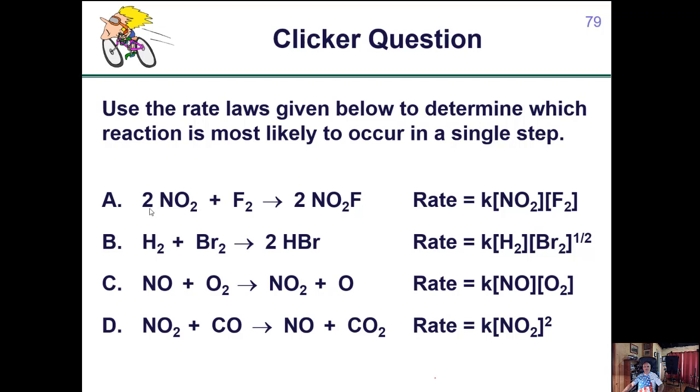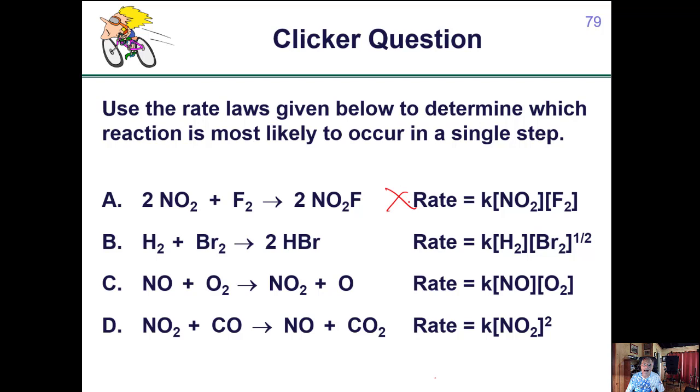The coefficient is 2. Remember, we're proposing this is a single-step reaction, and the rate law is dependent on the molecularity of that single step. So the coefficients in that case do tell us whether it's bimolecular, unimolecular, termolecular, etc. And this rate law says unimolecular in NO2, and the reaction says bimolecular in NO2. That is not a match.